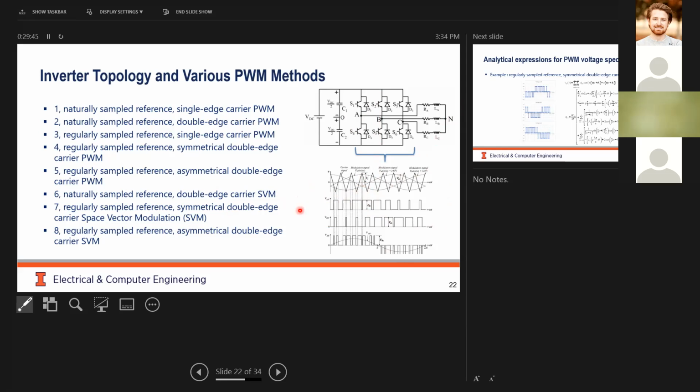The triangular carrier ramps up and then ramps down. There are different algorithms here, but the most commonly used are regularly sampled reference, symmetrical double edge carrier PWM or asymmetrical double edge carrier PWM, and space vector modulation.